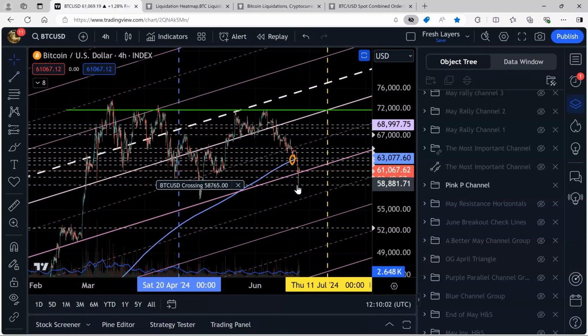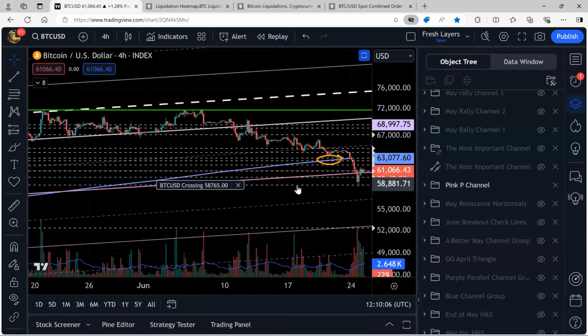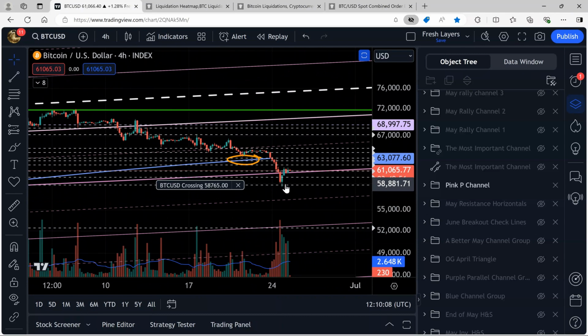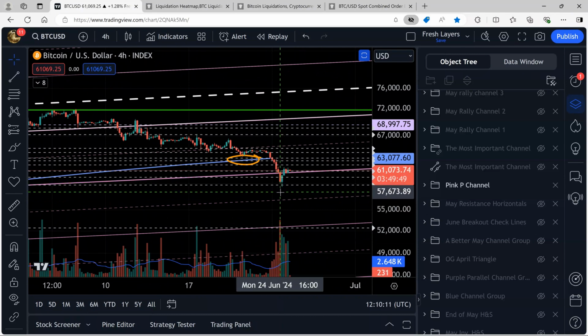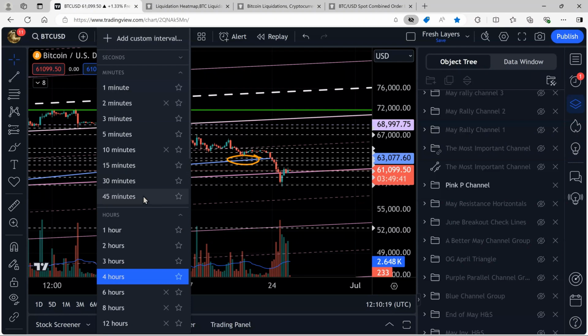Other than this brief wick through here, which was just a couple of 4-hour candles, if that, I don't even know how much those candles actually wicked through there.